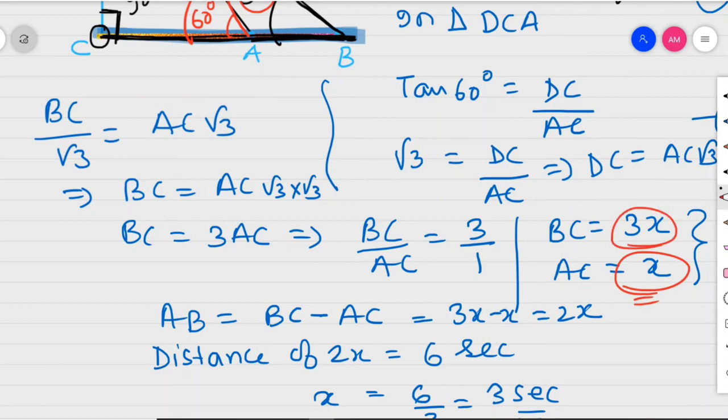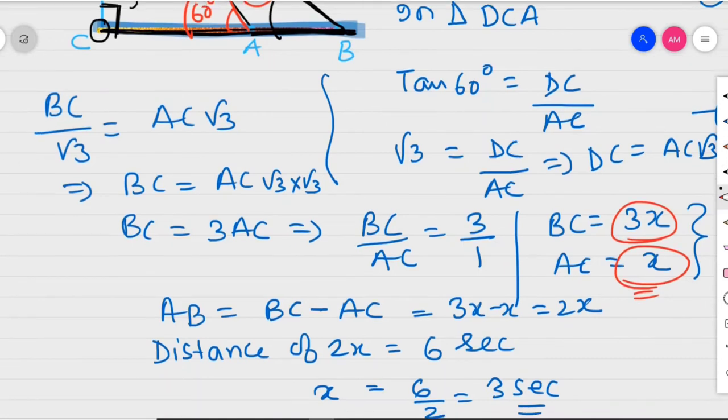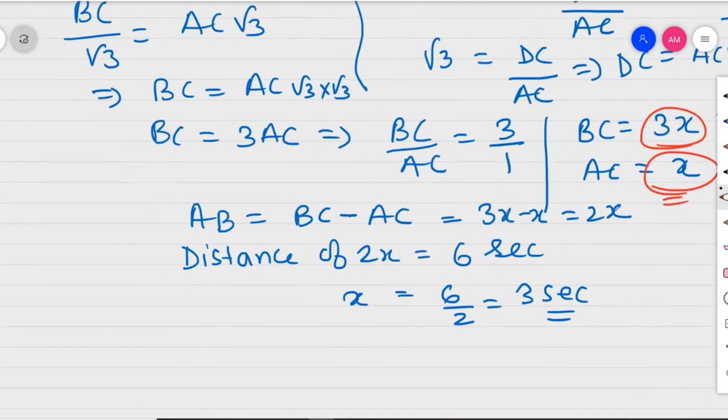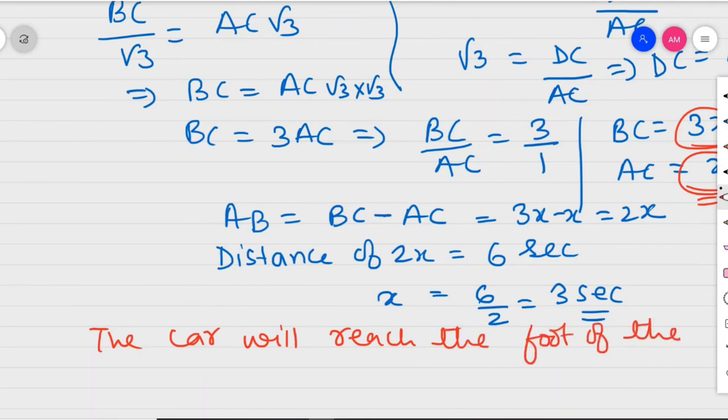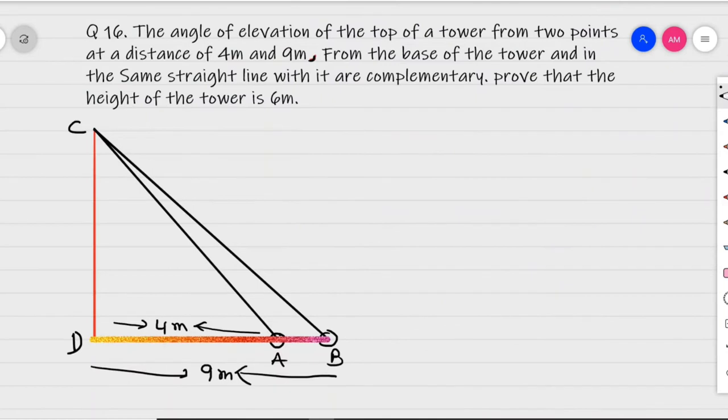So x distance is traveled in how many seconds? 3 seconds. So you can say that the car will reach the foot of the tower in 3 seconds.